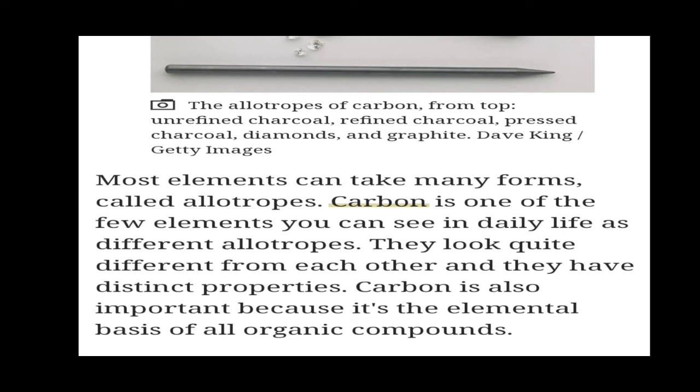Second, graphite is also an allotrope of carbon. It acts as a good conductor of electricity. Next, one of the allotropes is fullerene. Carbon is also important because it's the basis of all organic compounds.